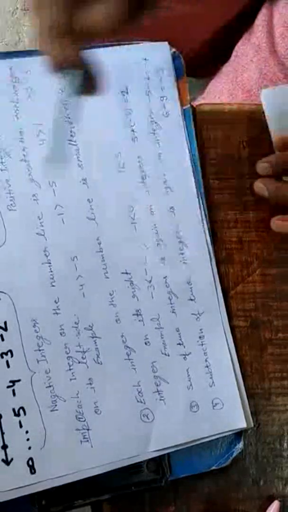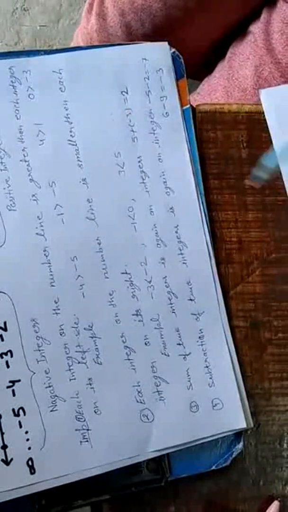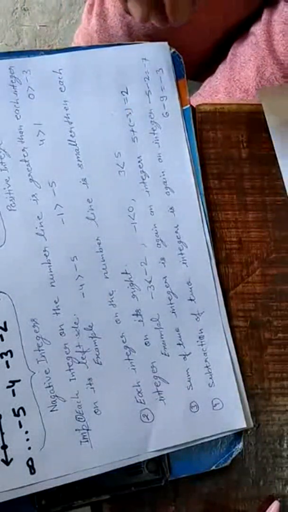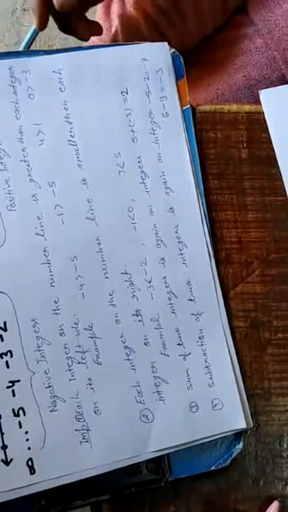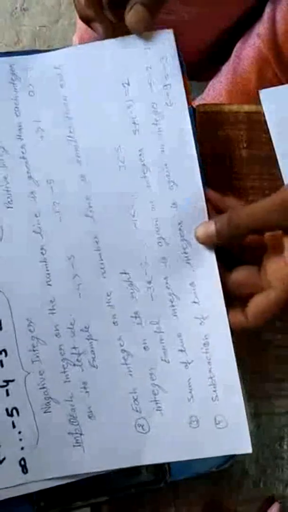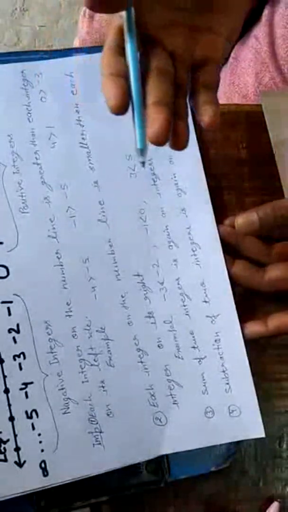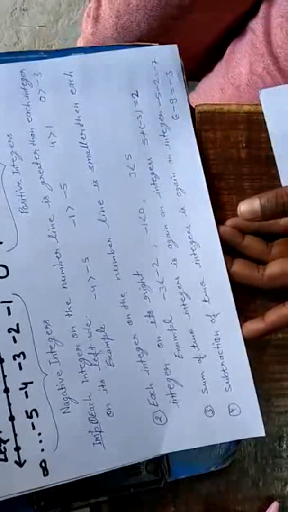So this is the introduction, because you already learned all these things in 6th class. So this is my introduction today. In the next topic, we will learn the multiplication of integers and division of integers.